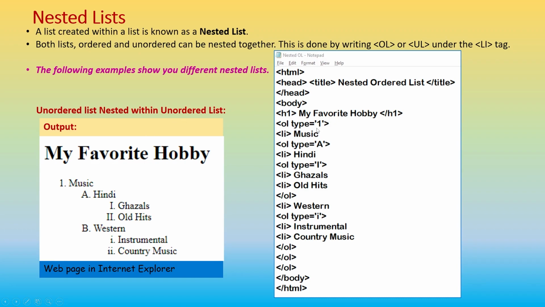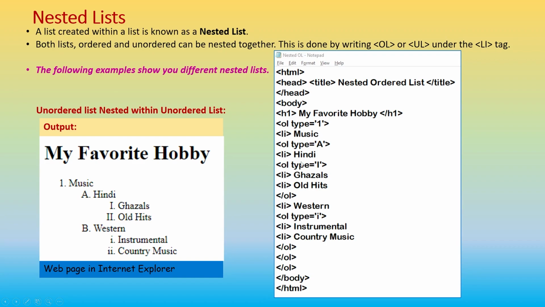Then I put the list item music, under which I have A and B, so my OL type will be A, which begins with A, and under which I have one list item as Hindi, and again under Hindi I have Roman 1, 2.